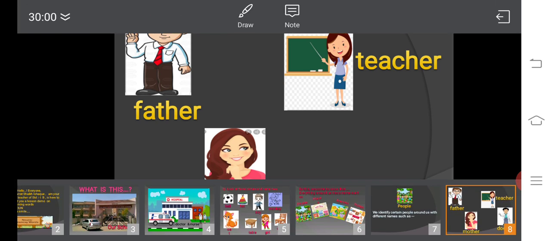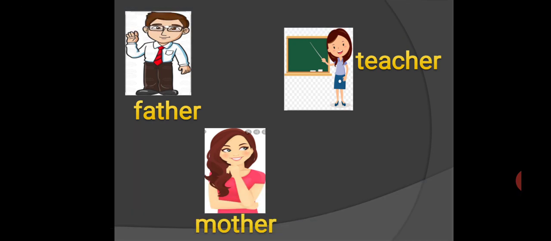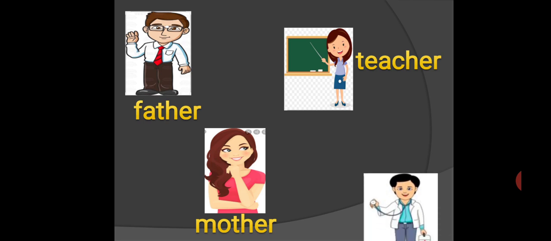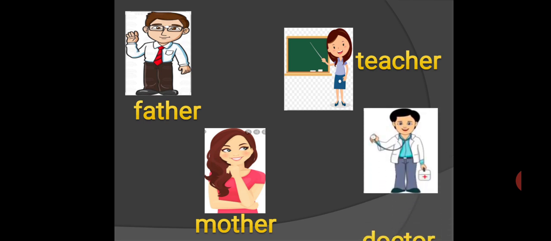The next picture is a picture of a doctor. A doctor is a person who is always there in the hospital to treat you when you are ill or you fall sick.